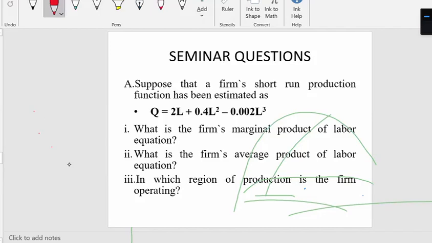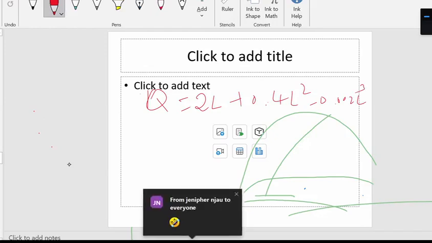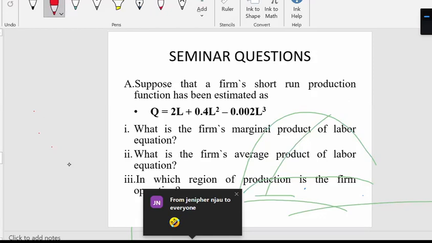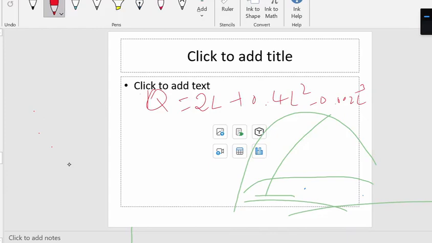Q is equal to 2L plus 0.4L squared and then minus 0.002L cubic. What are we required to find? We are told to find the marginal product of what? There is marginal product of labor and there is marginal product of capital.